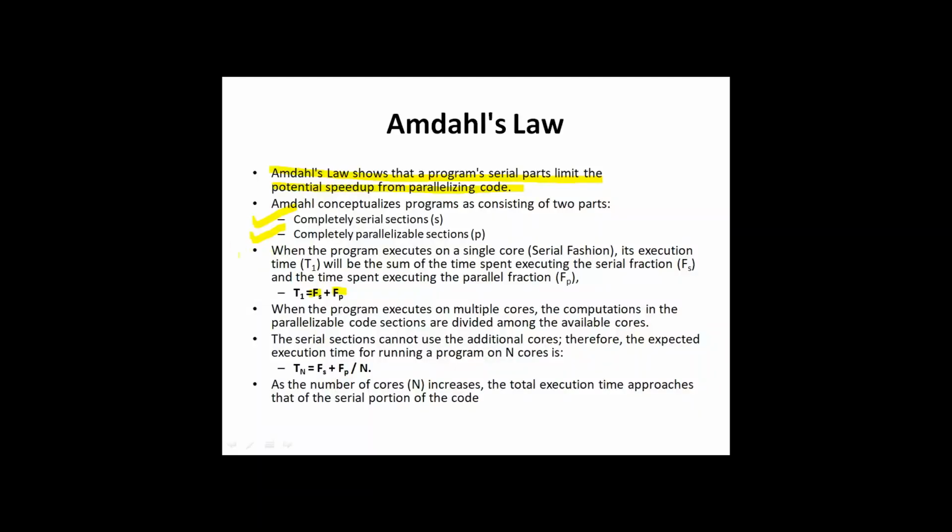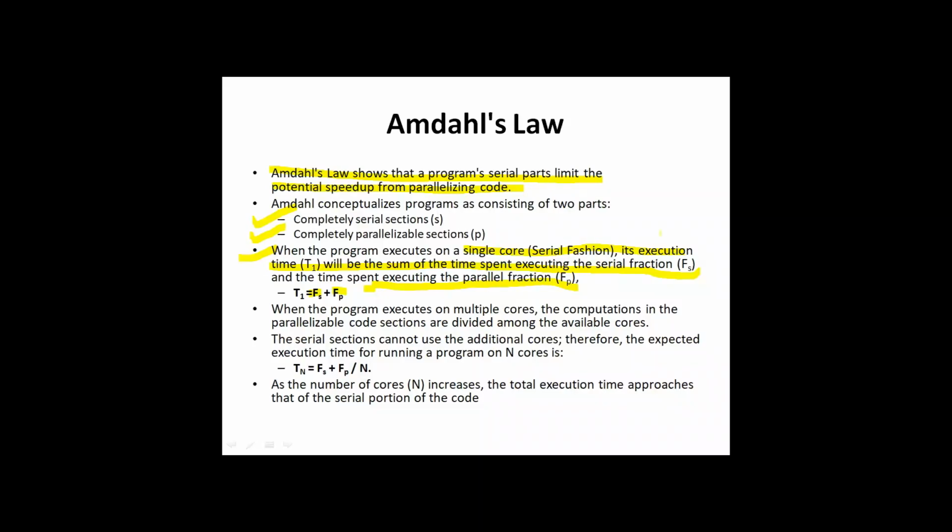When the program executes on a single core, in serial fashion, its execution time t1 is the sum of the total time: t1 is Fs, for the serial part, plus the time spent executing the parallel part, Fp.